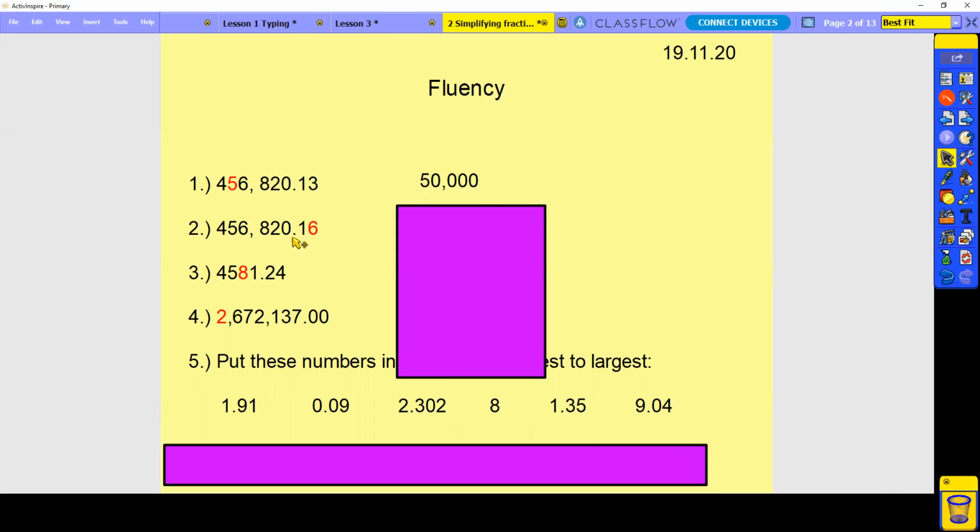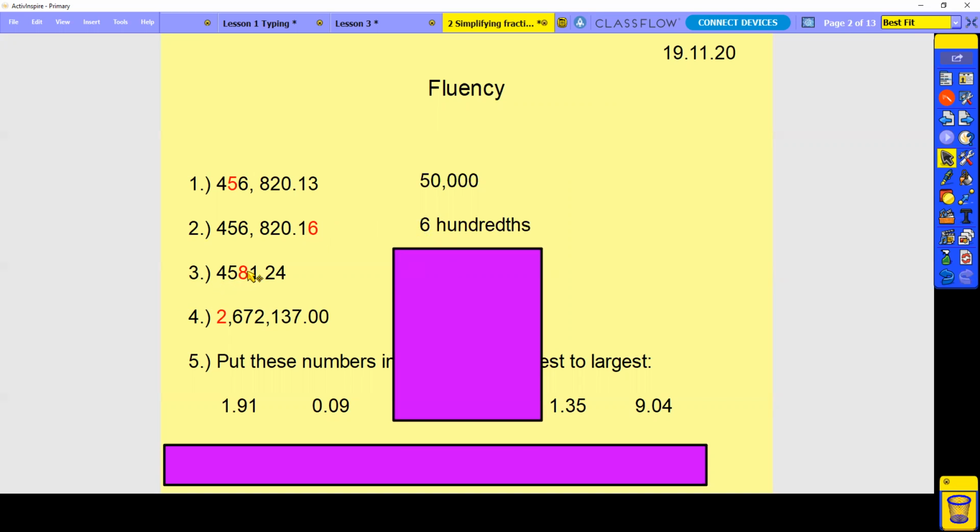This one here, we've got a decimal point, which means the one to the right of our decimal point is our tenths column. This is the column after, which is the hundredths, and it's a 6, so it's 6 hundredths. For question 3, it's the 8, and if you look, the decimal point is here, so this one is the ones, this is the tens, so it's 80. So you should have 80 written down on your piece of paper.